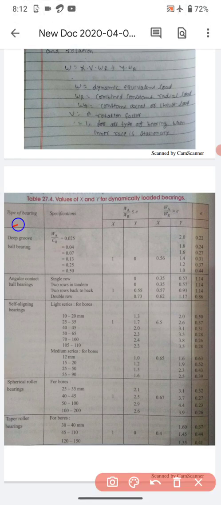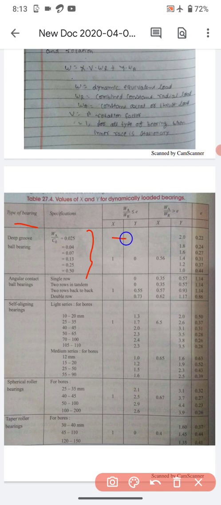As we had already seen the data book for the static equivalent, you may see the dynamic equivalent for the deep groove ball bearing type of bearing, and its specification is WA/C0 equal to 0.025, 0.04 or 0.07.